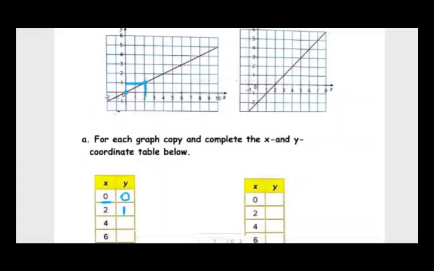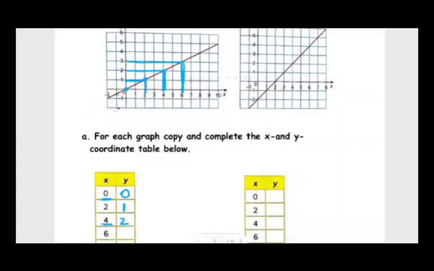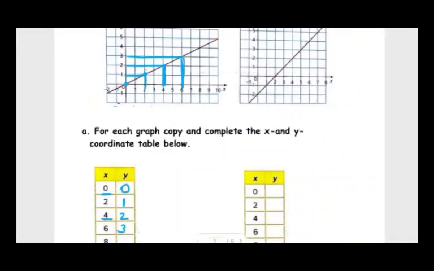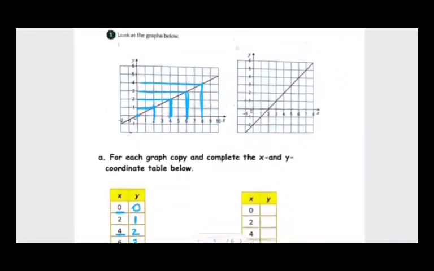When my x coordinate is 4, here, what's my y coordinate? 2. When it is 6, y coordinate is 3. When x is 8, y coordinate is 4. Isn't it very simple? Come on, let's move to the next graph.